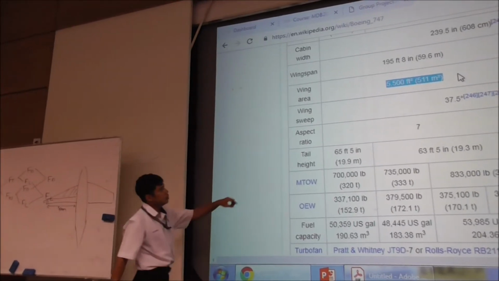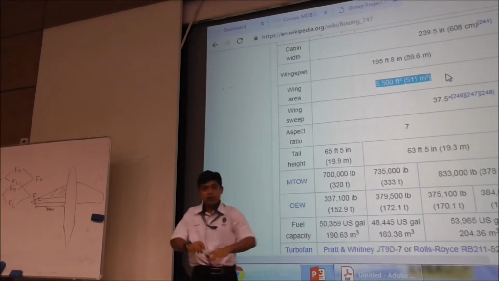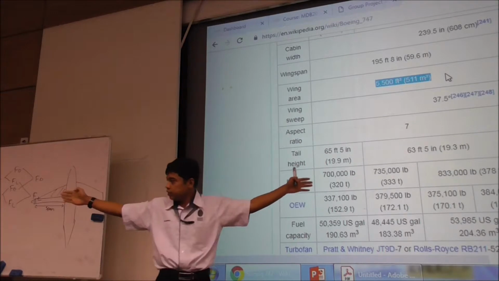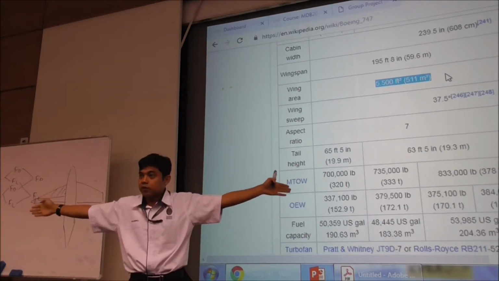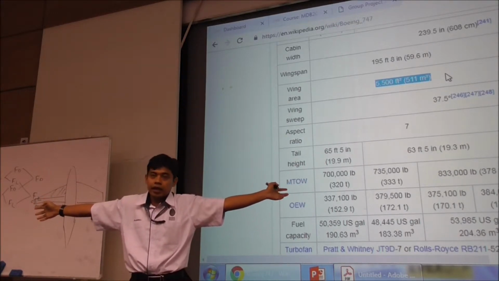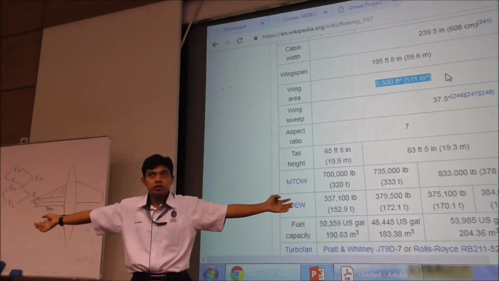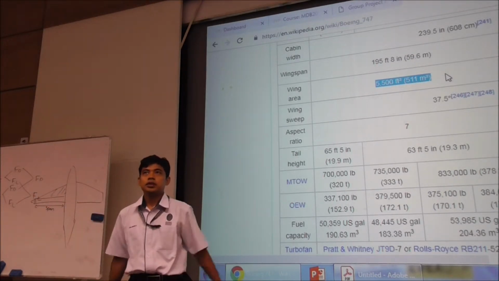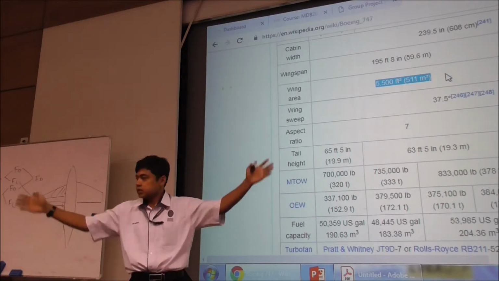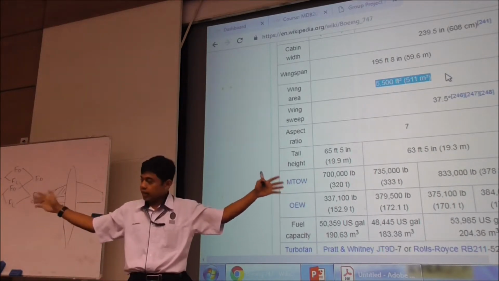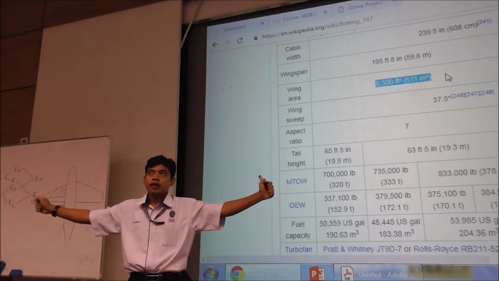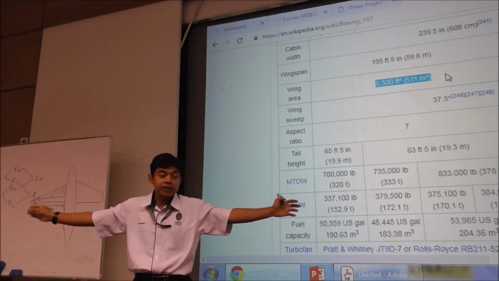So now you know this is the aspect ratio, and this is the wing sweep. That's why you see that aircraft now do not have a straight wing like this. If you look at the Cessna or Albatross, the old aircraft, or even the C-130 Hercules, they have a straight wing. It has its own advantages, of course.